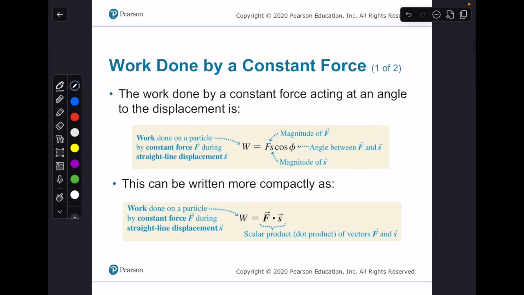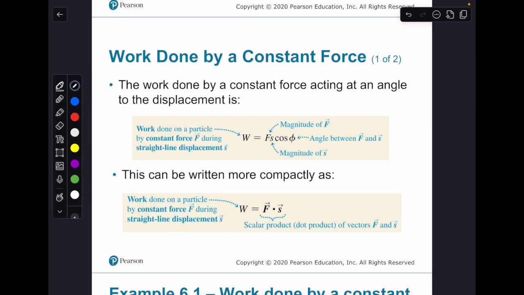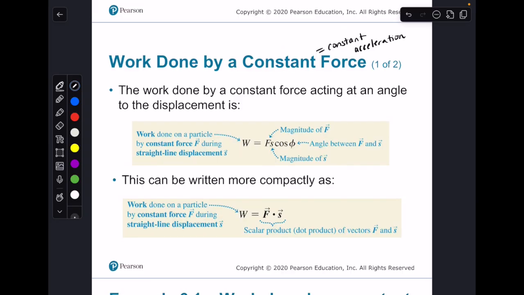We're going to look at work done by a constant force. What does constant force also mean? Constant acceleration, right? So we're going to look at work done by forces that are constant. In other words, the acceleration or the change in velocity is constant. In general, we can define the work done by a constant force as Fs cosine theta, where theta is the angle between the force vector and the displacement vector.